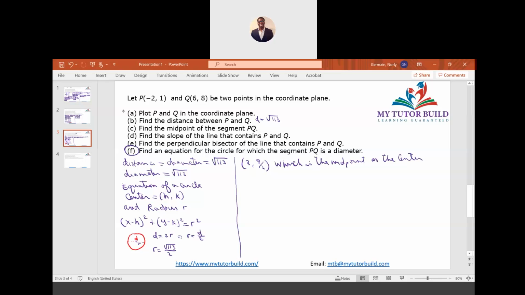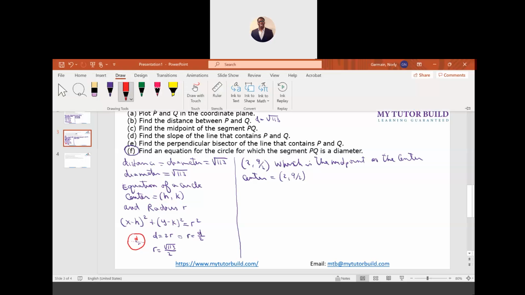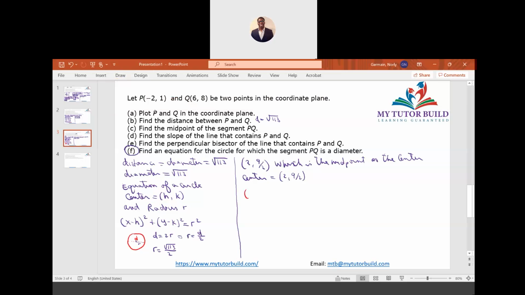So h is 2 and k is 9 over 2. Now we can write down the equation of the circle because we have all the information we need: (x minus 2) squared plus (y minus 9 over 2) squared equals r squared. What is r squared? It is (square root of 113 over 2) squared.